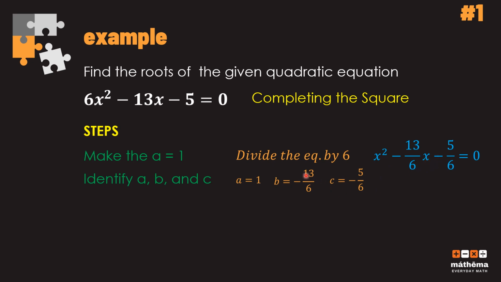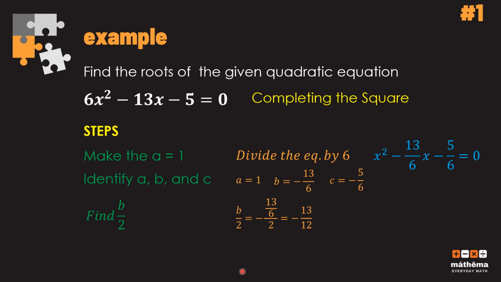Now, using the new B value, which is negative 13 over 6, we are going to find B over 2. So what is B over 2? B over 2 is just equal to negative 13 over 6 divided by 2, or simply negative 13 over 12.